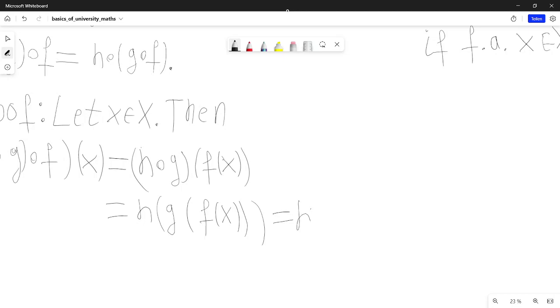Okay, well, here, just by definition of the map h, right? We just have this element g of f of x, because here we used that definition. This is where we arrive. This is exactly the notation that we have evaluated h at this element g of f of x.